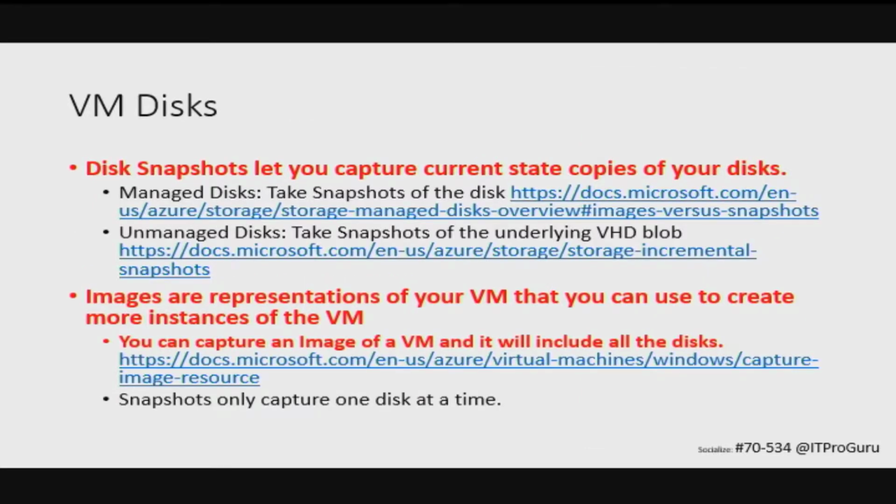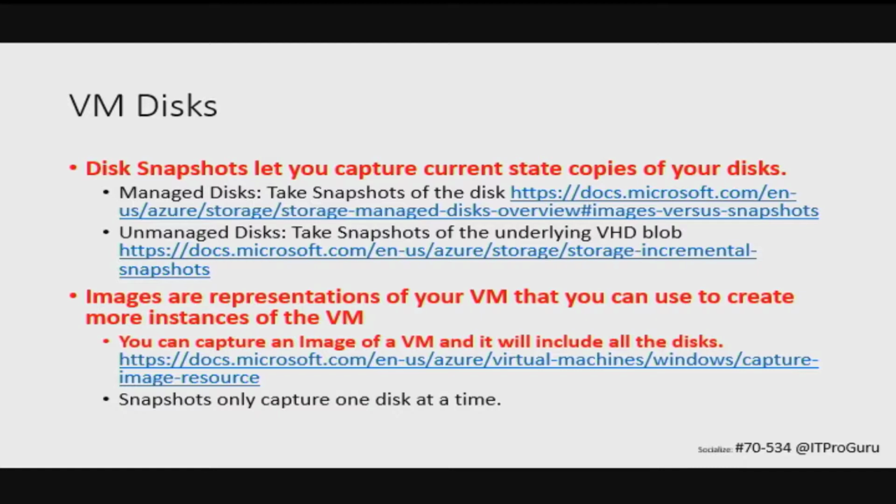And then finally, wrapping up VM disks, there are two concepts in Azure I just want to talk about briefly. One is disk snapshots, and one is creating images of your VM. A disk snapshot lets you capture a disk at any state in time. You can capture them with managed disks or unmanaged disks, with standard storage or premium storage, doesn't matter.